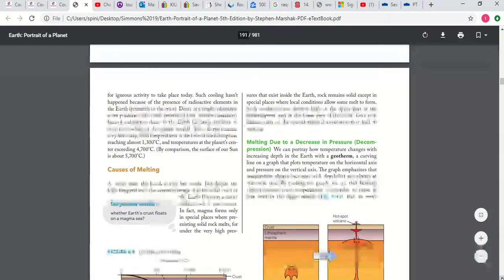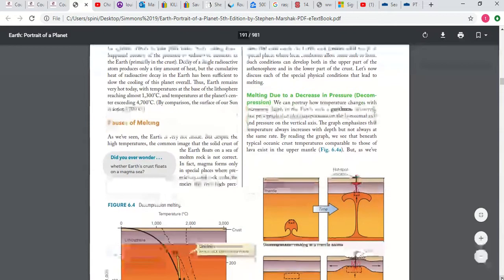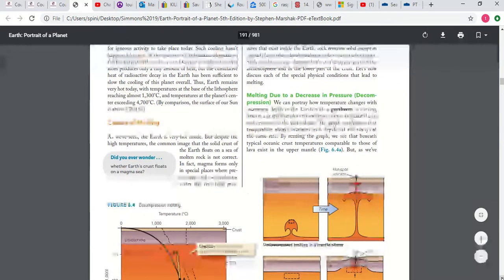You don't have to know all the different types, but changes in pressure can cause melting. When hotter rock gets closer to less hot rock, it can give it that energy, and that rock that was solid a little while ago can melt and become a magma that could make its way to the surface as lava and eventually a rock like basalt or something else.